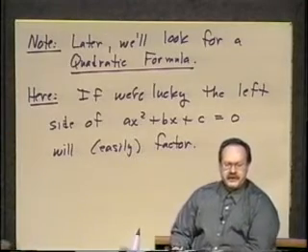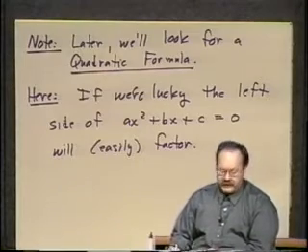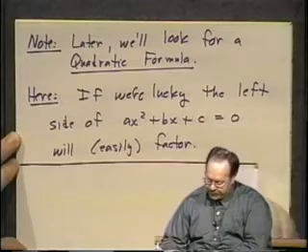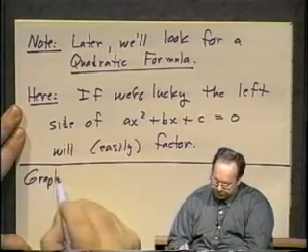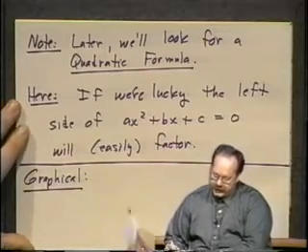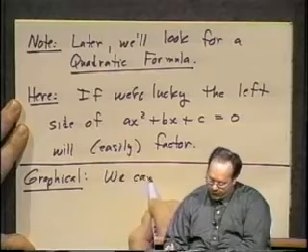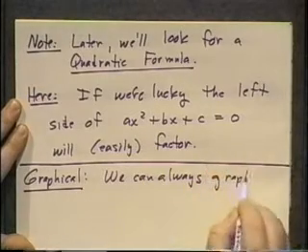Now, factorization is something that's very nice when it happens. When it doesn't happen, which is, frankly, most of the time, it's of no use. Graphically, of course, we can always graph. What?